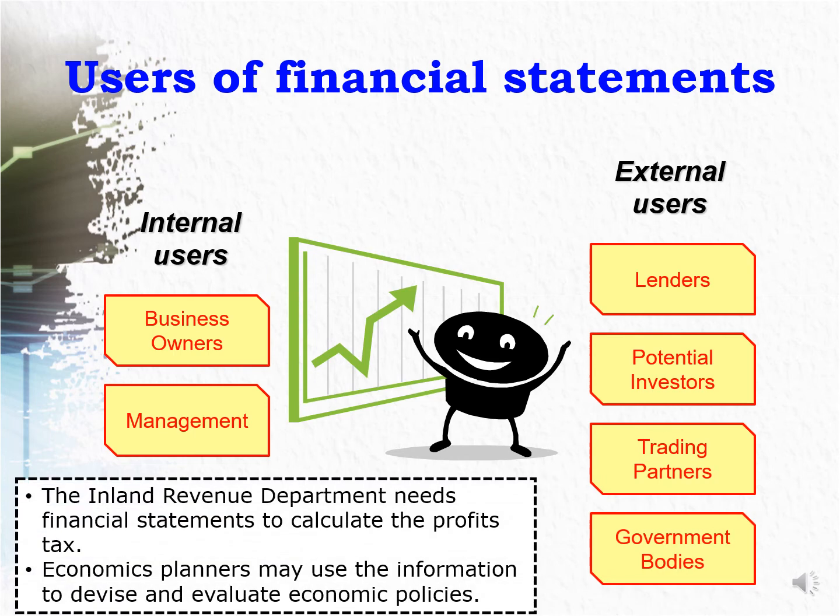Okay, and then the last one are the government bodies. The first one is the tax authority, the Inland Revenue Department, that means the tax authority in Hong Kong. They need the financial information, the financial statement, to calculate how much profit tax the company has to pay. And also the economic planner in the government may use the financial statements of different companies to devise and evaluate the economic policies.